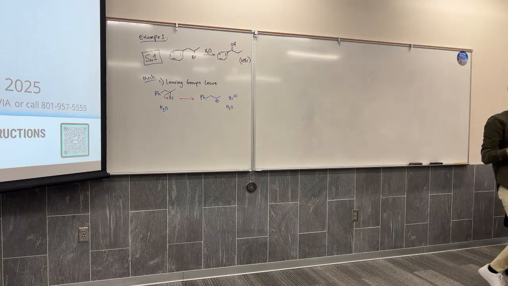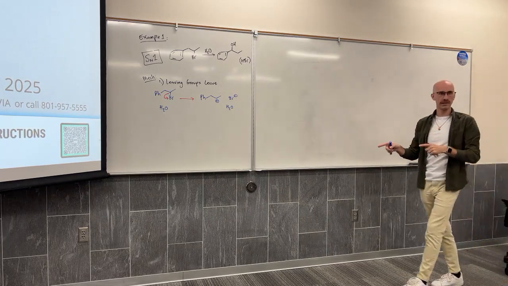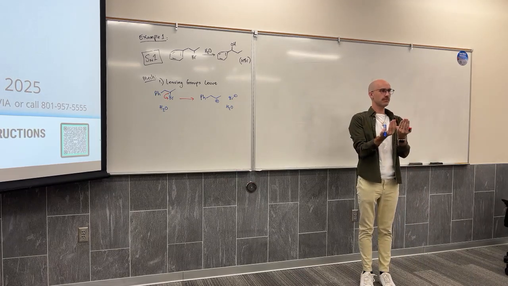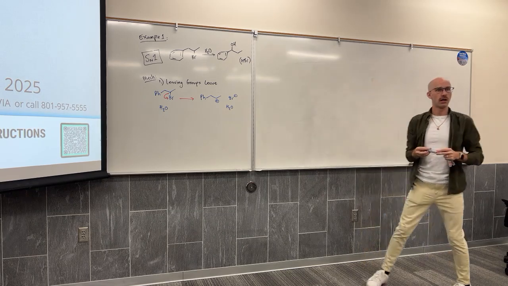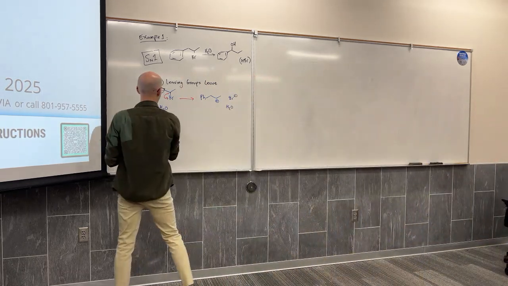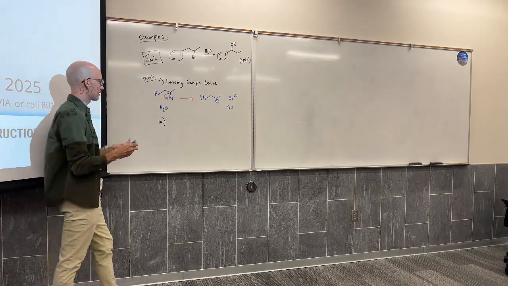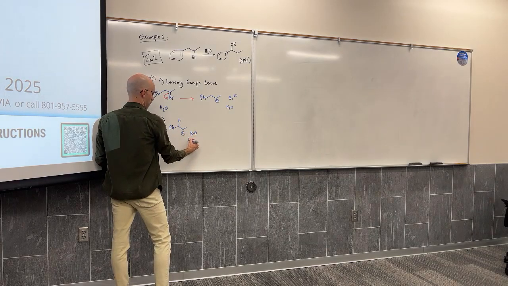Carbocations don't form easily, but polar protic solvents like water can actually stabilize that positive charge through a donation from that partial negative on the water. Step 1A, because not every SN1 reaction has this, but this SN1 reaction does, we'll see a carbocation rearrangement.